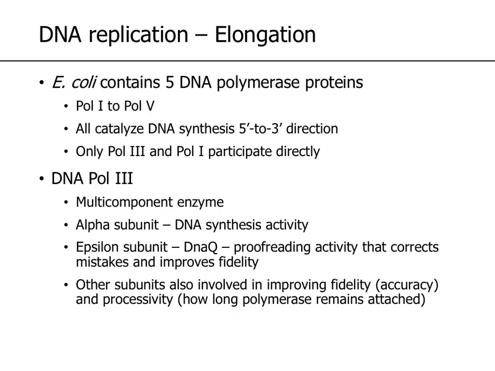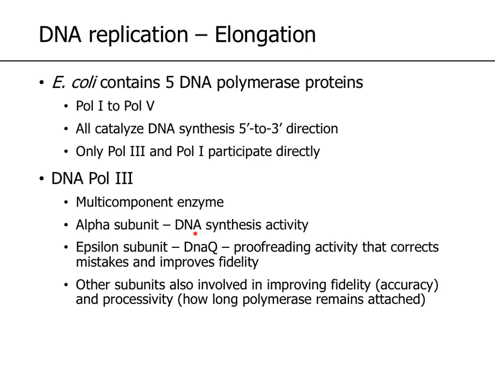We left off in the middle of elongation, so I'll go over elongation again. Like we mentioned last time, E. coli actually contains 5 different polymerases, but only Pol I and Pol III are directly involved in replication. DNA Pol III is the main one, and it has several different subunits. So not only do we have several different polymerases, within the polymerase there are multiple subunits.